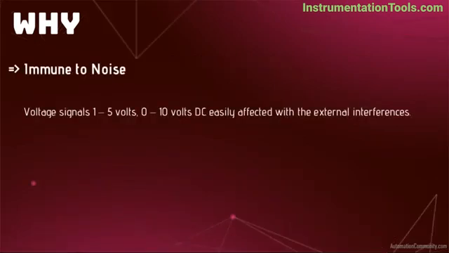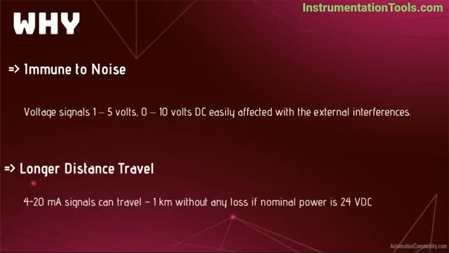Another advantage is current signals are more immune to electrical noise when compared to voltage signals. So the amount of noise or external interference is less. One more advantage is current signals can travel a longer distance. 4 to 20 mA signals can travel approximately 1 km, when the nominal power is 24 volts DC supply.